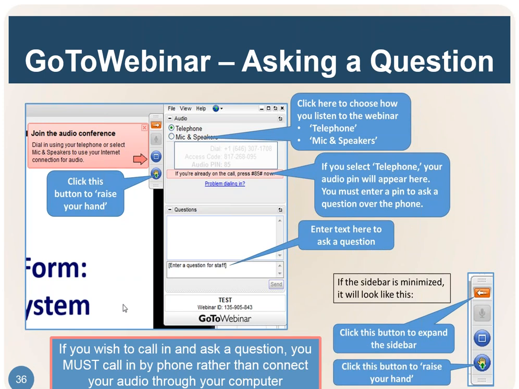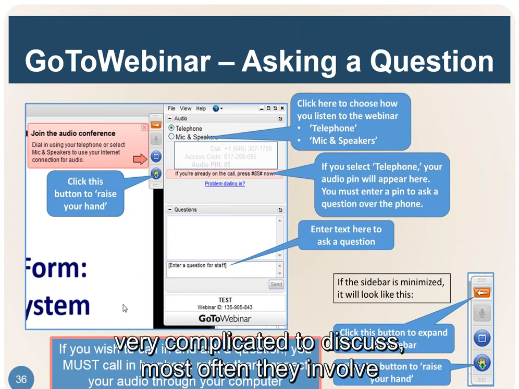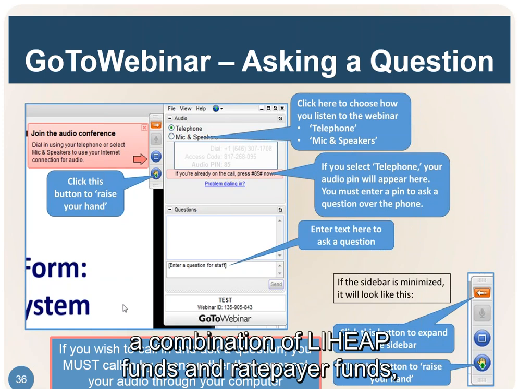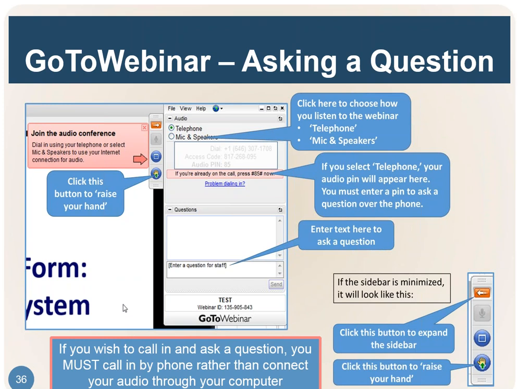The reason I haven't talked about PIP plans is because they are really very complicated to discuss. Most often they involve a combination of LIHEAP funds and ratepayer funds.